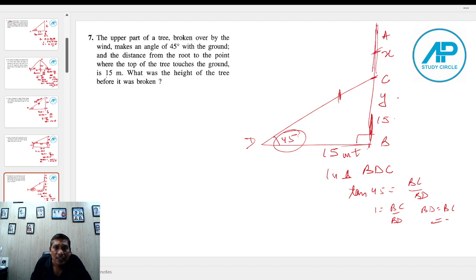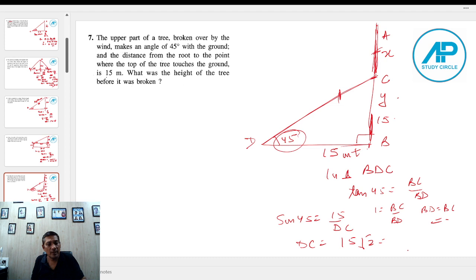I can't find AC directly. What should I do? I should find the value of DC. The perpendicular is known, and we need the hypotenuse. Will cos be used or sin? Sin 45 equals perpendicular upon hypotenuse. So DC equals 15 root 2.